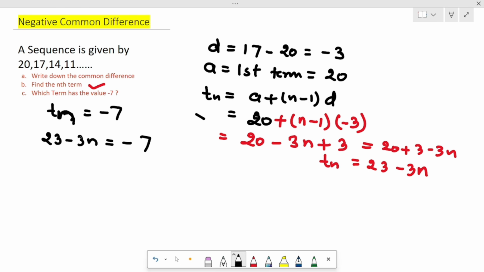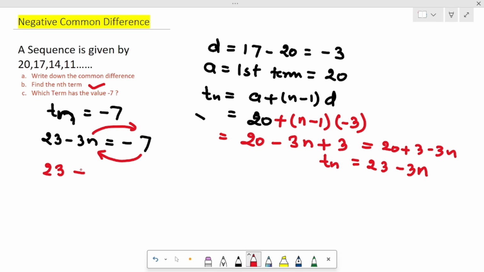That's it. Now we have to simplify. It's a simple algebraic equation which we have to solve. So the variable will go one side and the numbers will go on the other side. This is going to come to this side, and this minus 7, I will shift to this side. So this is 23, I'm going to write the same.